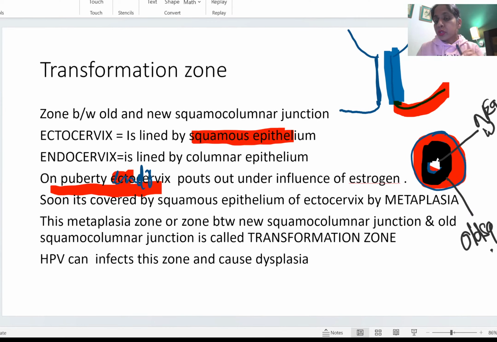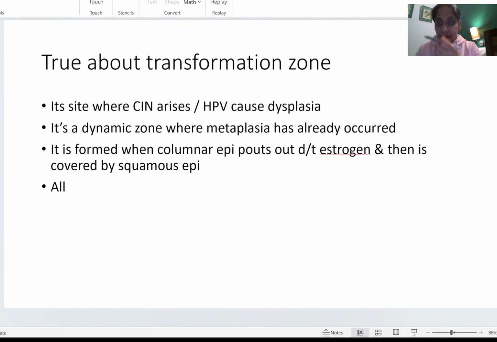Okay, so basically, what is transformation zone? The endocervix which has come out and changed its epithelium from columnar to squamous has undergone metaplasia.